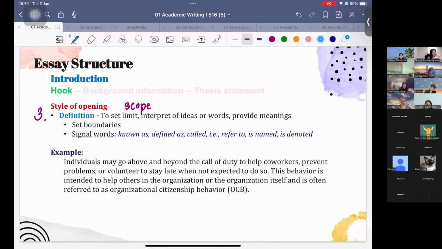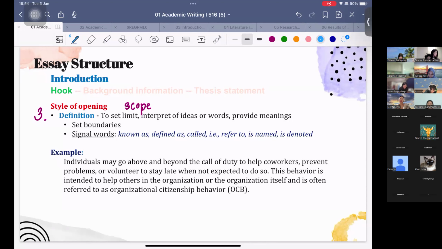That's why some authors or researchers start with the definition of that topic for their intro. Or in some research, you come across words like organizational citizenship behaviors, which is probably not familiar to people not in business. So yeah, why not start with this?